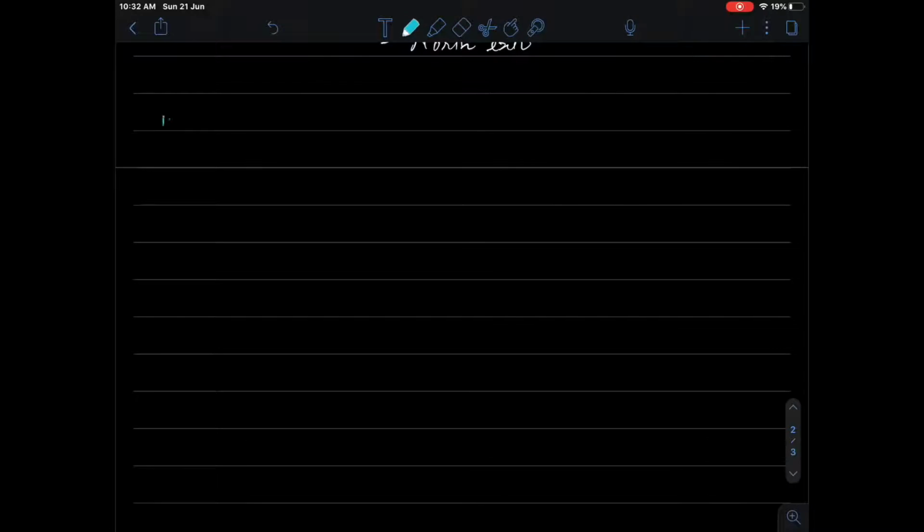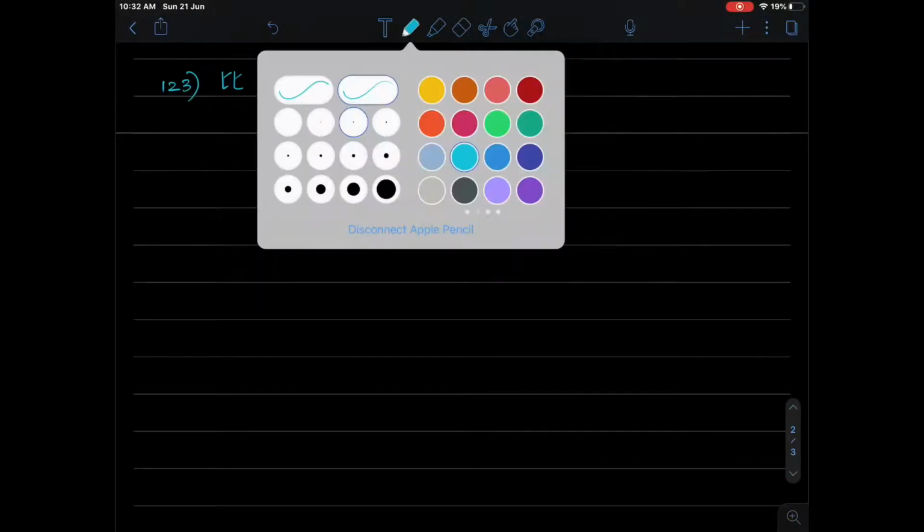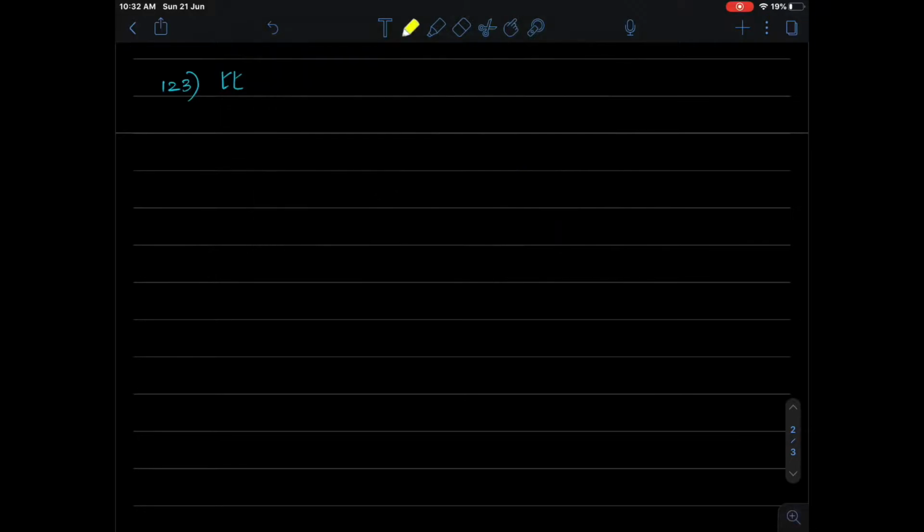This is number 123. Now let's have a look at how this kanji appears. Still not very nice. The basic idea is that you write the first stroke like so and the second stroke like so, and in the second case you make it a bit more curved.